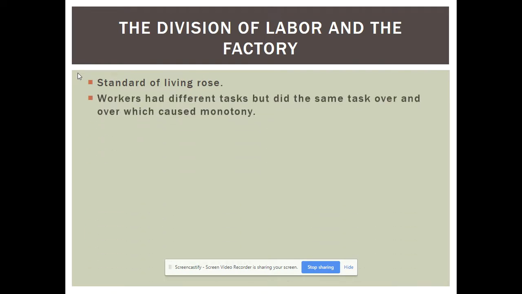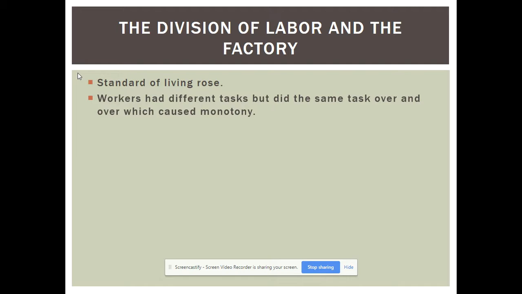Now, workers oftentimes, instead of doing different tasks in the industrial process, as time goes along, began doing the same task over and over and over, and it's extremely monotonous. And it led to a lot of industrial workers drinking rather heavily, particularly Irish and even Germans.